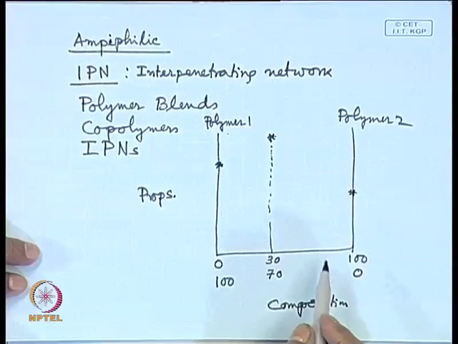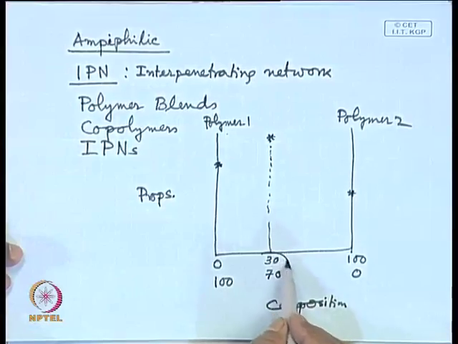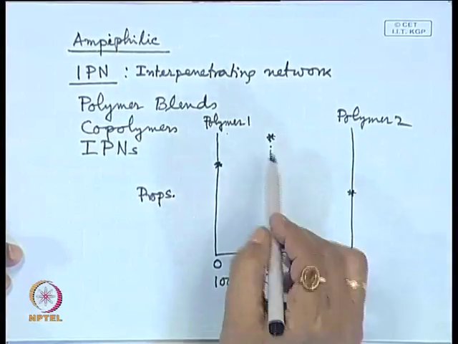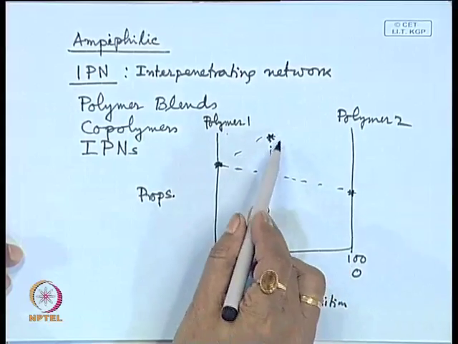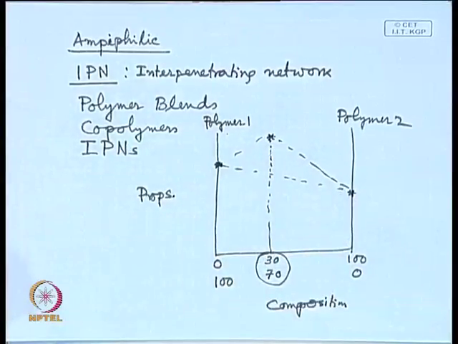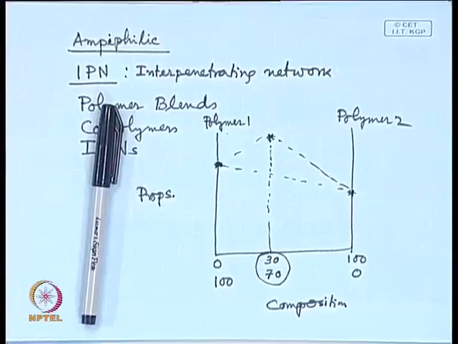If you take a blend of 30 parts polymer 1 and 70 parts polymer 2, we will get a new composition which can give you better properties than the individual polymers. So, this is the concept. We make a mix or blend, we blend two polymers.